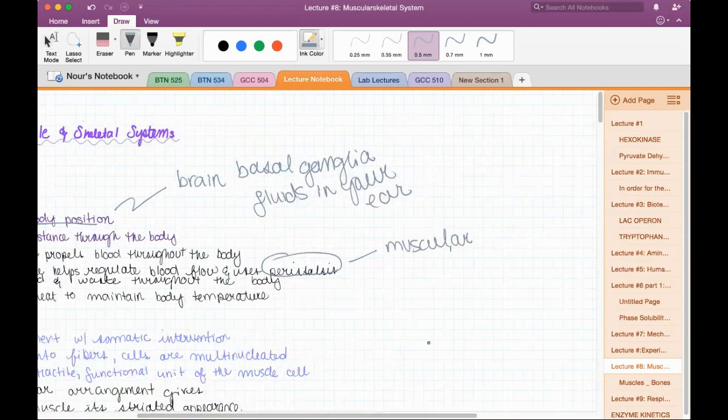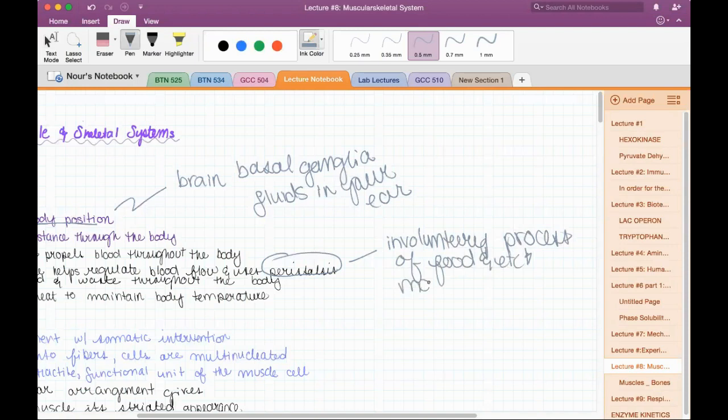Well, not muscular movement, no, I'm sorry. It's basically the automatic, involuntary process of food moving down the esophagus.